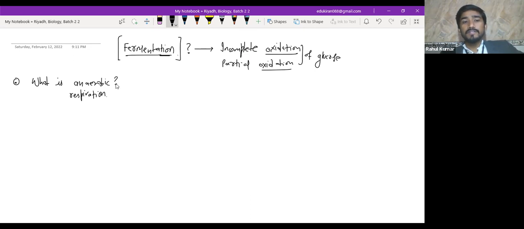Now, how do we differentiate between aerobic and anaerobic respiration and fermentation? Write down certain points that are important for your entrances, because sometimes they confuse anaerobic and fermentation in entrances. So write down: anaerobic respiration is different from fermentation.